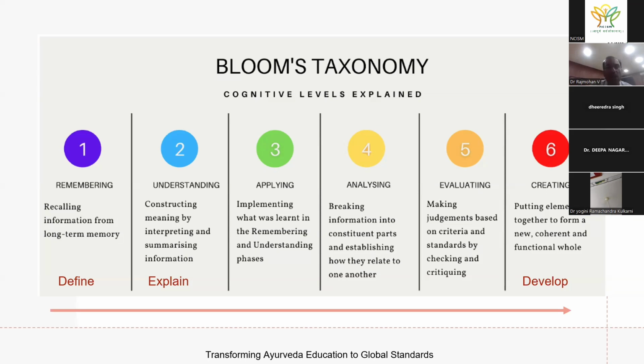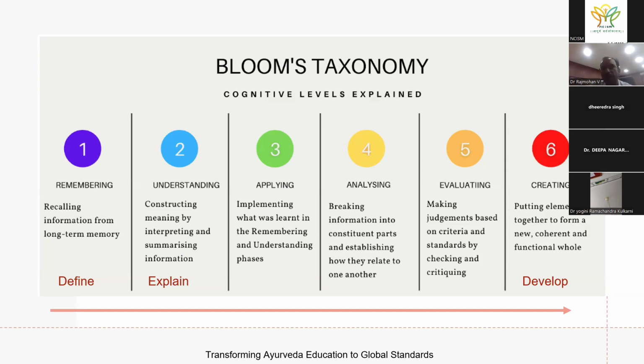The majority of the syllabus basically lies in remembering and understanding, the first 1 and 2 domains.